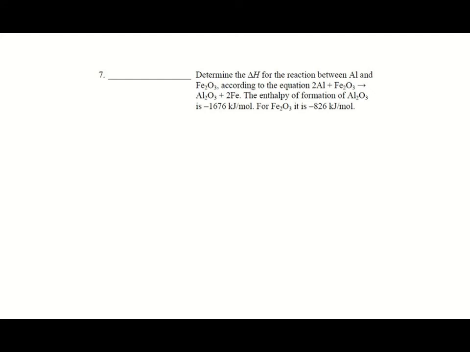Determine delta H for the reaction between Al and Fe2O3 according to the equation, and you are given the equation. Al plus Fe2O3 equals Al2O3 plus 2Fe.